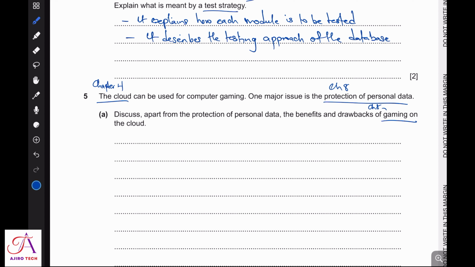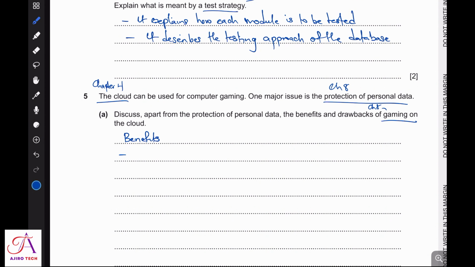So now when we are gaming in the cloud, with this knowledge together, we know what cloud computing is, and now we're playing this thing. One of the benefits of the cloud is that information can be accessed anytime. But we are gaming on the cloud, which simply means that we are not gaming on our local computers. So let's talk about the benefits first.